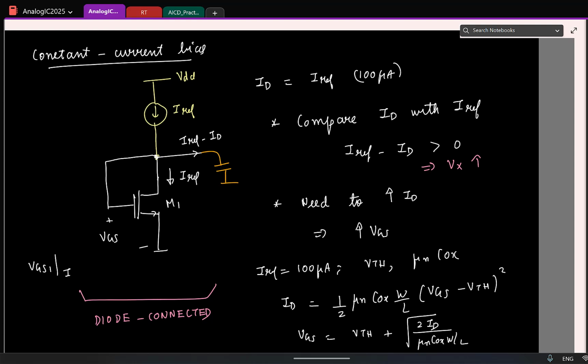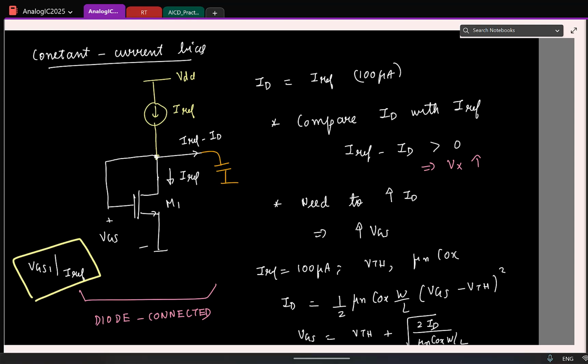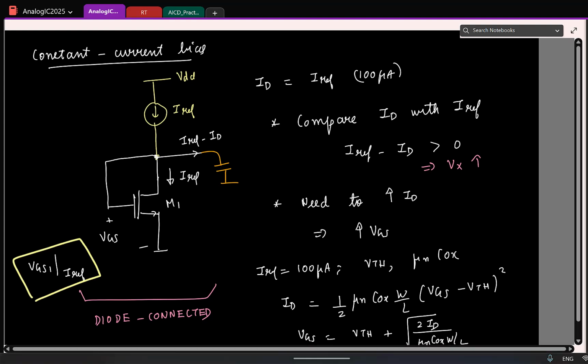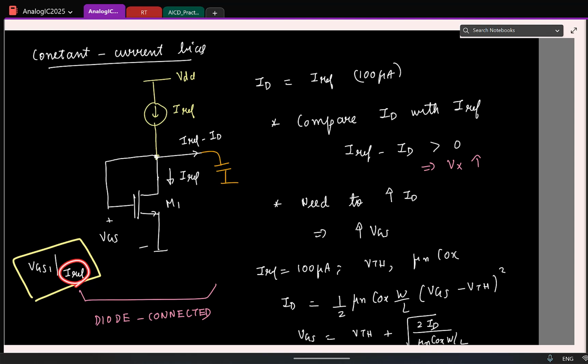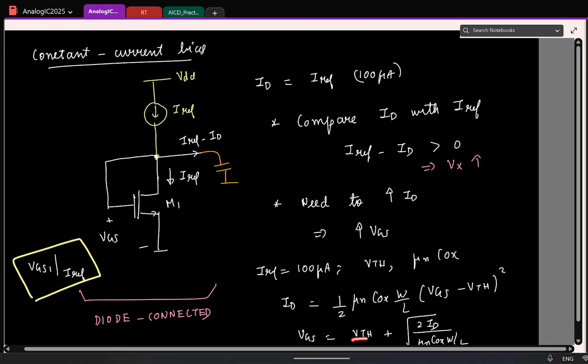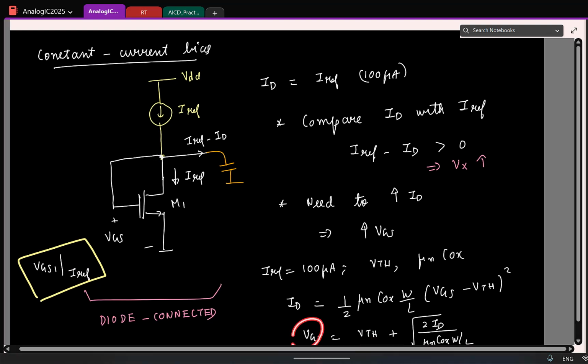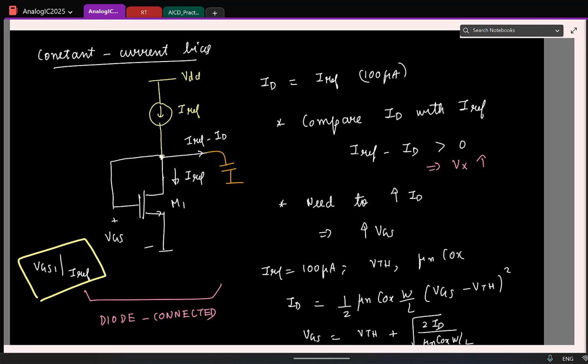This is biased at a current of Iref. Basically, instead of writing this whole expression, that is Vth plus square root of 2Id by mu n CoX W by L, you will basically be using this shorthand notation. I'll say it is VGS of transistor M1 when it is biased at a current of Iref. So once I know the threshold voltage and mobility, I can find VGS. Just a notation that we'll be following.